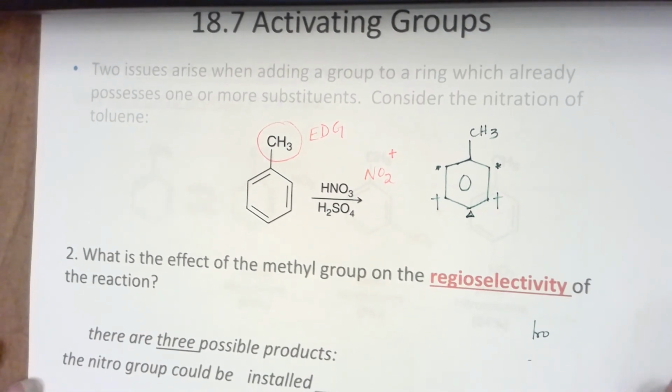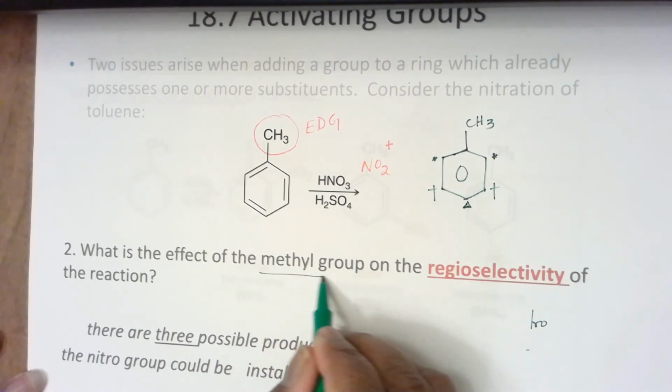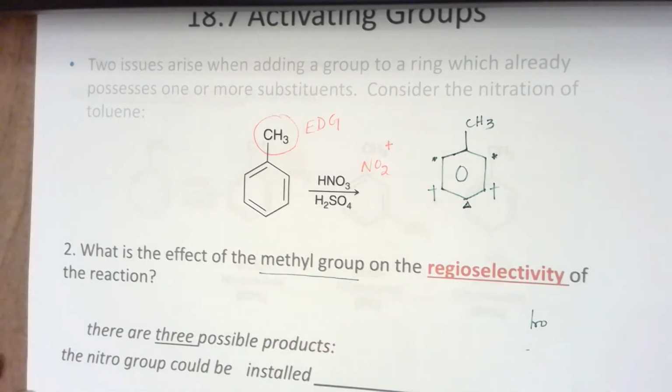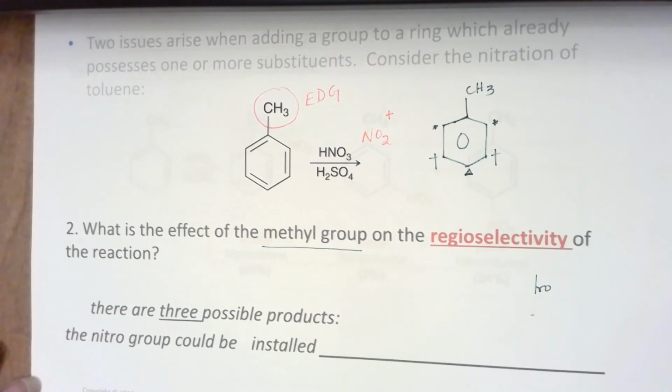So if you have an electron donating group, specifically the methyl group, what are the 3 products possible? So the nitro group could be installed at the ortho position, the meta, or para.